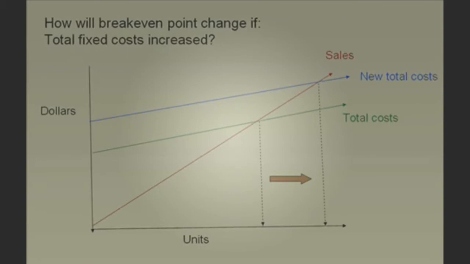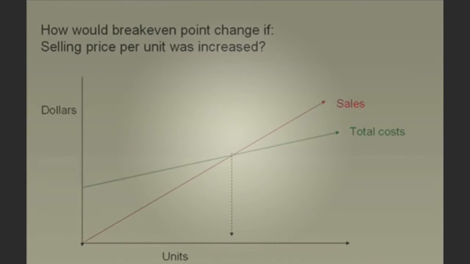Let's take another scenario. How would break-even point change if the company was able to increase the selling price per unit? Now you should be getting it, so this should be relatively easy. The sales line will move to the left.